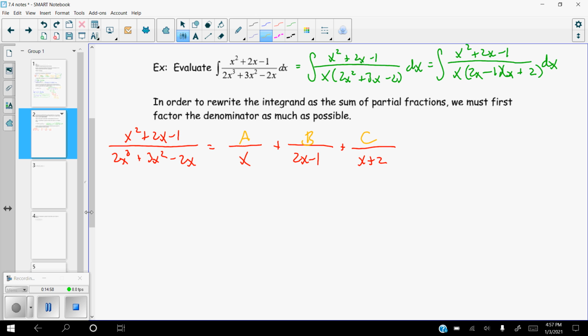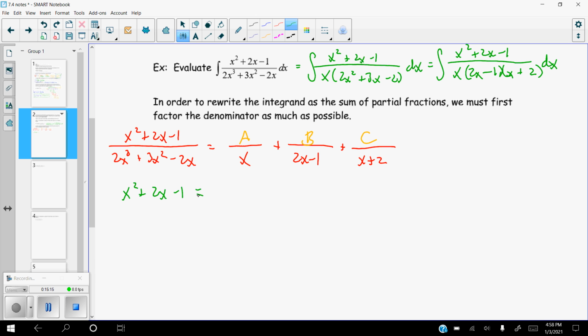So the idea is pretty simple. If I were to multiply both sides of that equation by the common denominator, the left-hand side is going to go away, and that's going to leave us with x squared plus 2x minus 1.